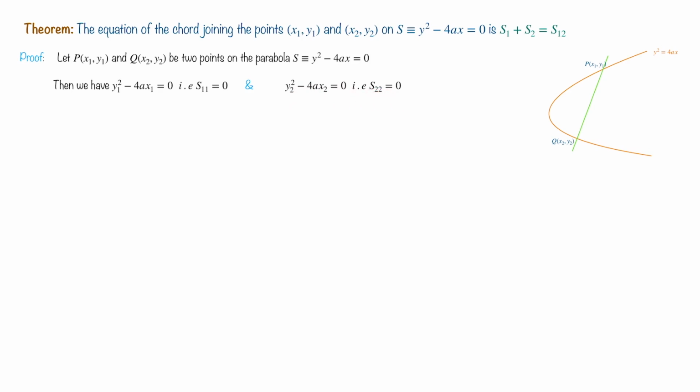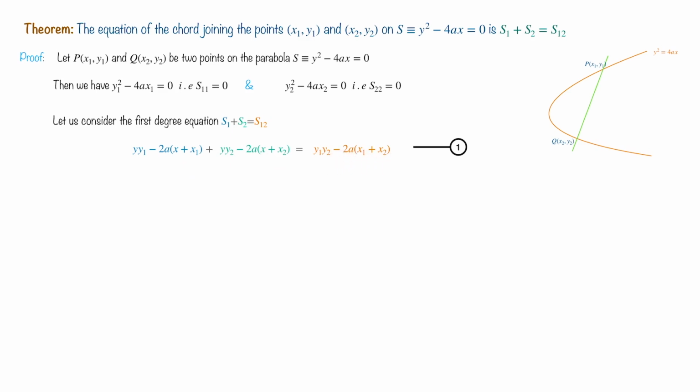Fine. Now let us consider the first degree equation, that is S1 plus S2 equal to S12. What is S1 here? According to our notation, S1 is y1 y minus 2a of x plus x1. S2 is y2 y minus 2a of x plus x2, and S12 is y1 y2 minus 2a of x1 plus x2.